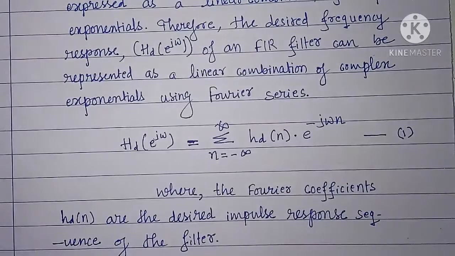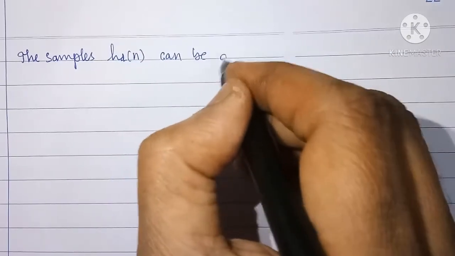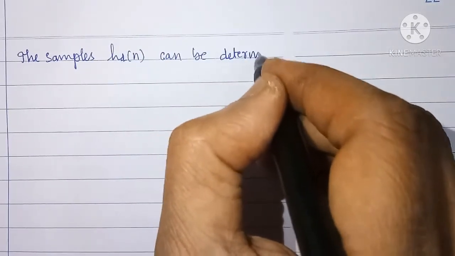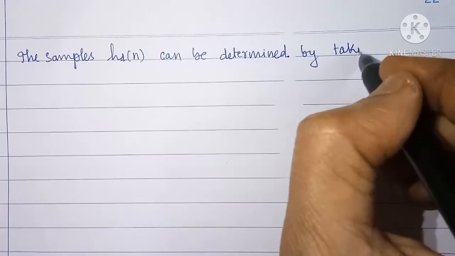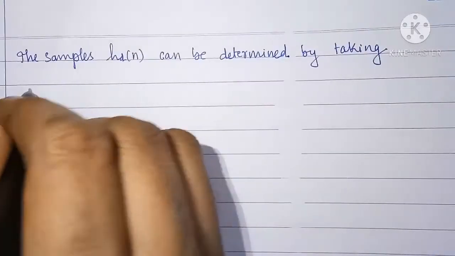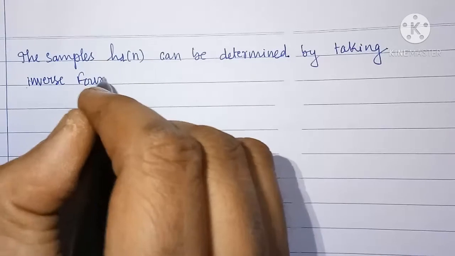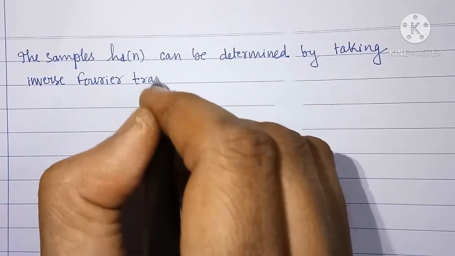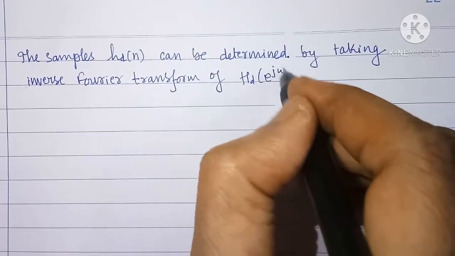That is, the samples Hd of n can be determined by taking inverse Fourier transform of Hd of e raised to j omega.